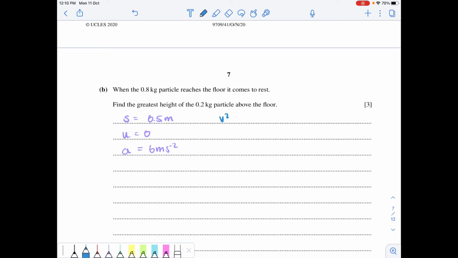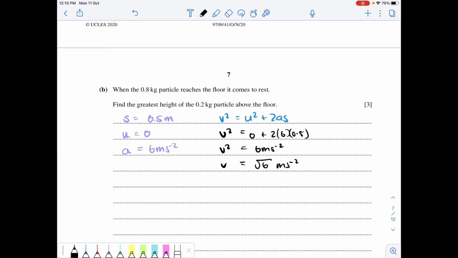So using v squared equals u squared plus 2as, we can solve for the final velocity of that particle just before it hits the ground. So v squared is equal to 0 plus 2 times 6 times 0.5, and so we'll get v squared equal to 6. And I'm going to leave it like that because we're going to put it back into the equation. We can solve for v and say v is equal to square root 6.